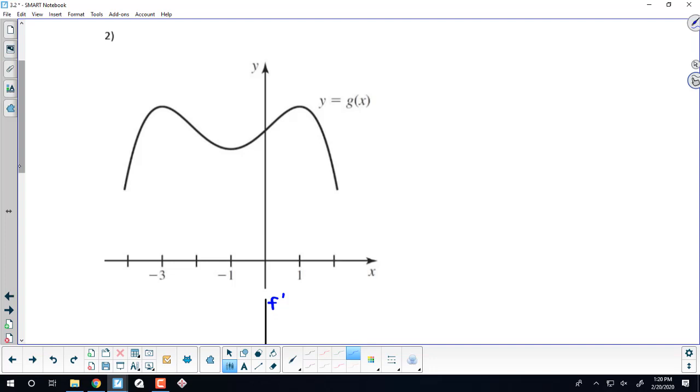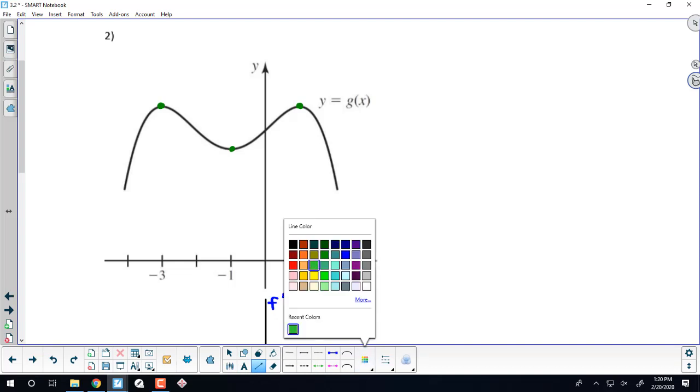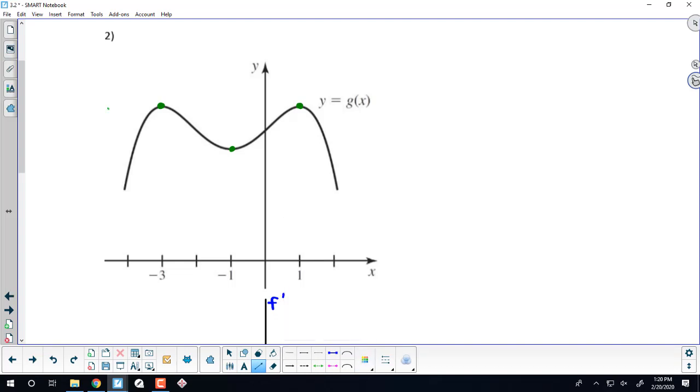Okay, so we're going to look at three points first. This point, here, here, and here. Because at those 3 points, the tangent line is flat or horizontal.